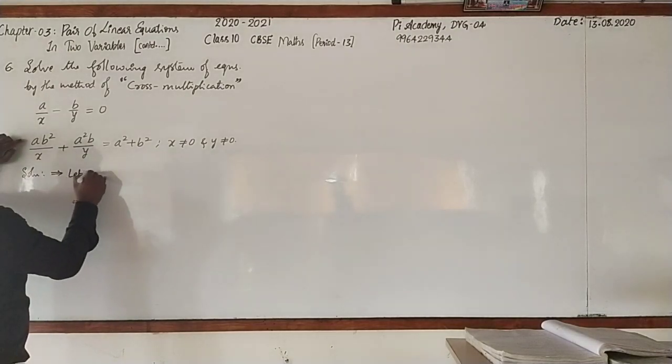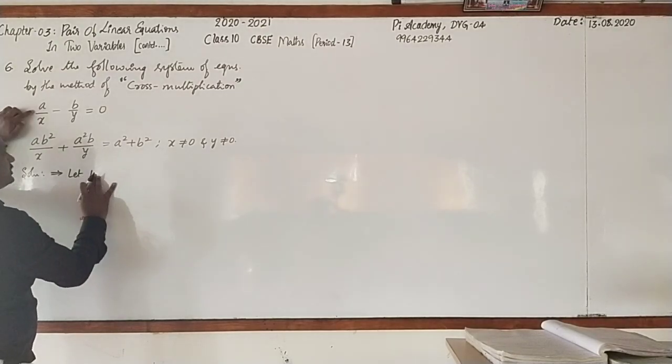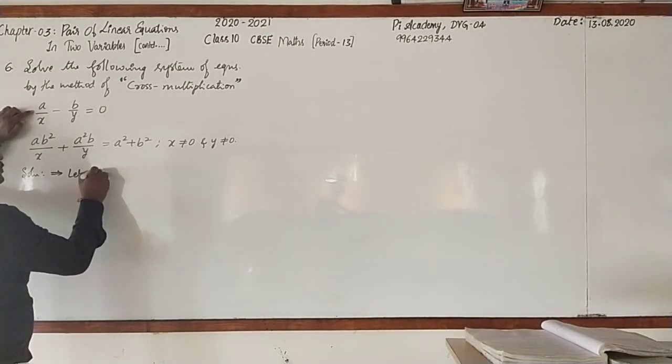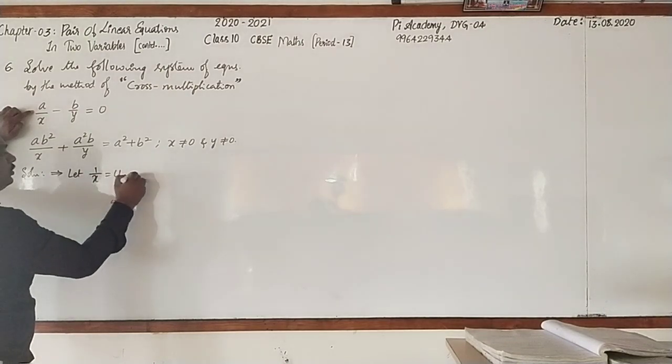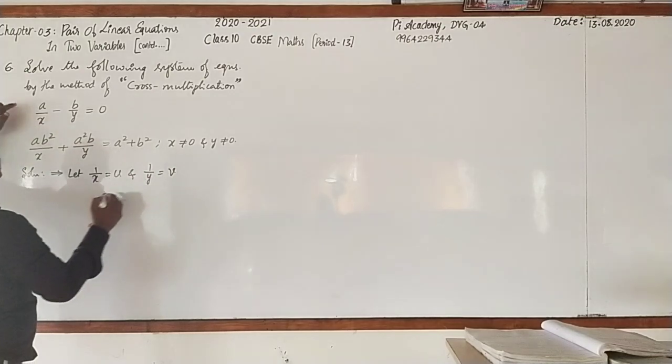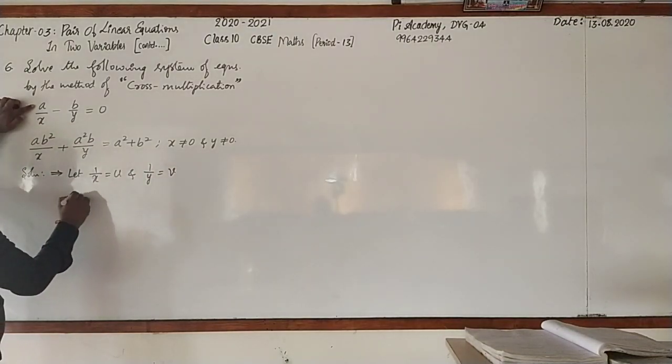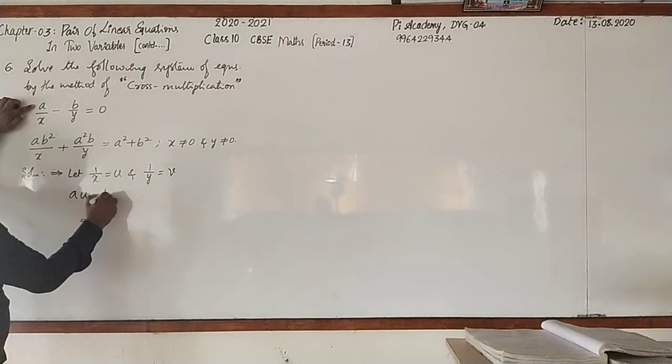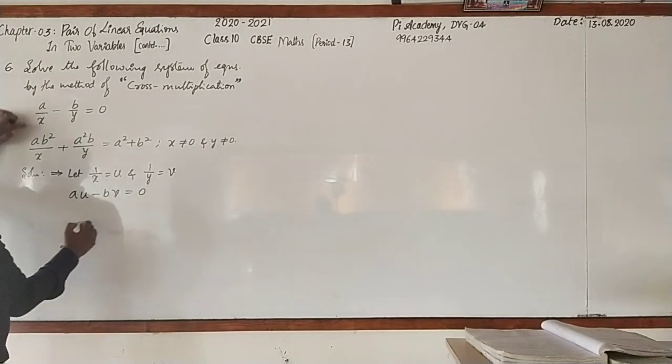Let 1 by x be equal to u and 1 by y be equal to v. Then how do you write? This is au minus bv equal to 0.